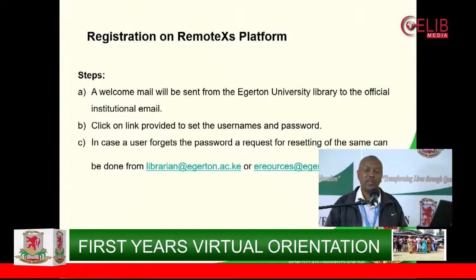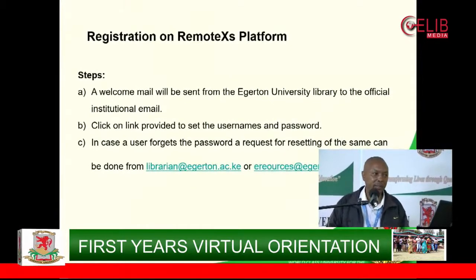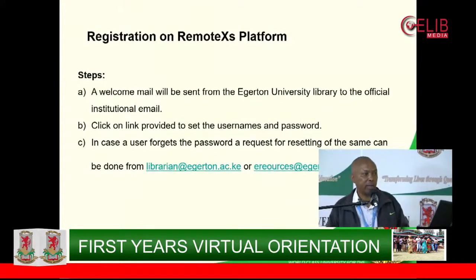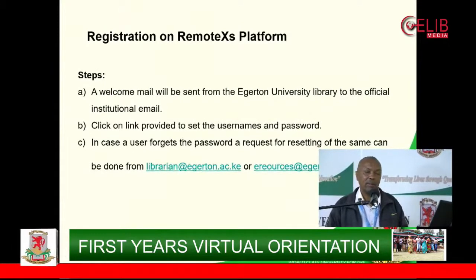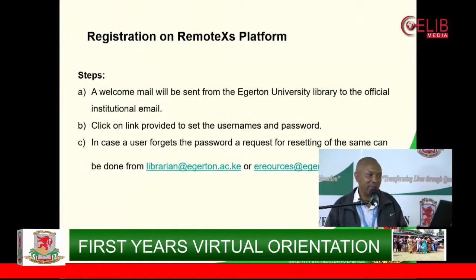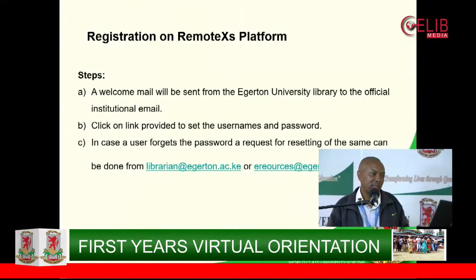Registration, how do you get registered? How do you use the software? Number one, we will have your email address. We normally insist on institutional email addresses. And we will send an email to that address. Once you get that email, click on the link and you'll be taken through how to register.